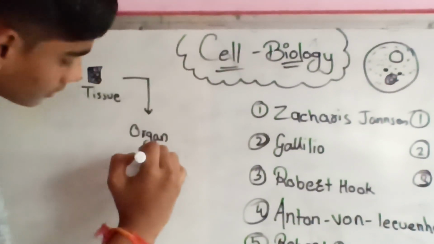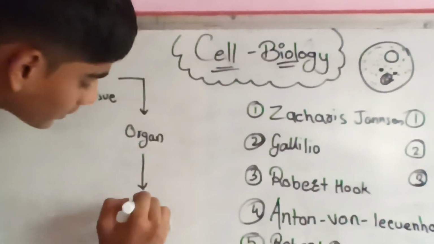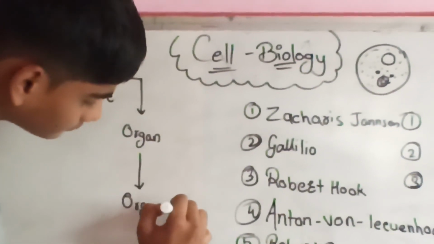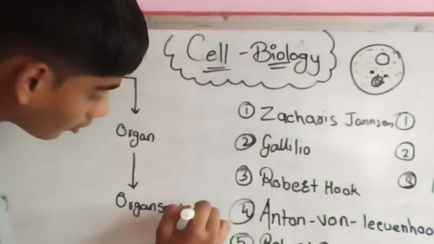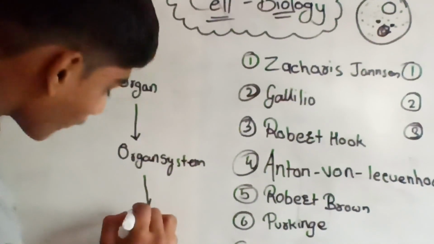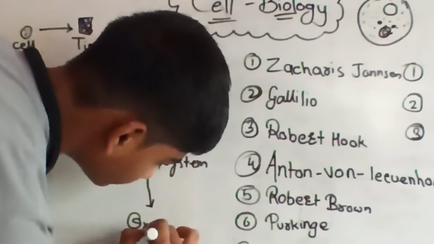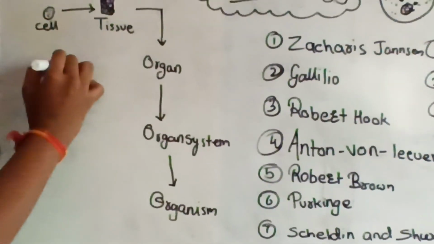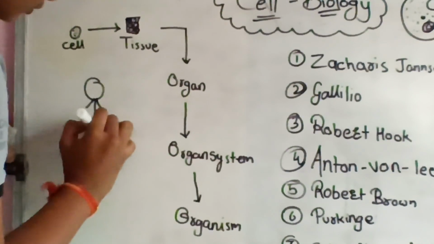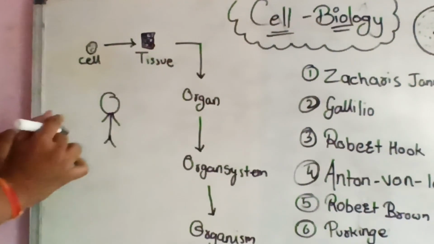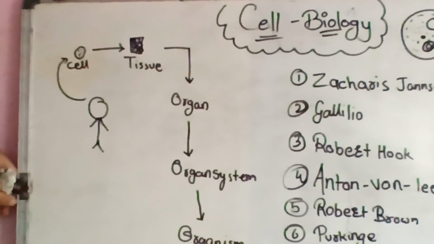Organ groups to form an organ system. An organ system groups to form an organism. If we will look at human here, so human's basic fundamental unit is cell.